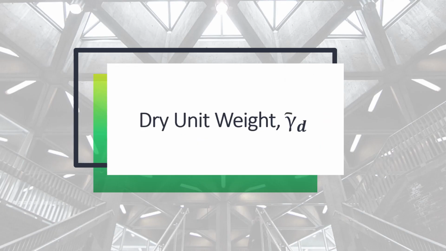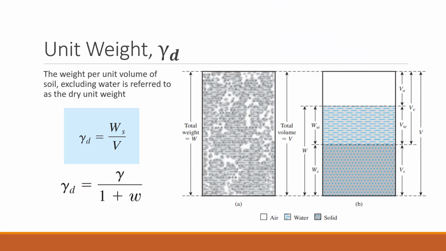So now, as what I have said, we have the dry unit weight, denoted by gamma with subscript D, no? So D meaning dry. So unit weight dry or dry unit weight is the weight per unit volume of soil excluding water is referred to as the dry unit weight. So muna yung formula, no?